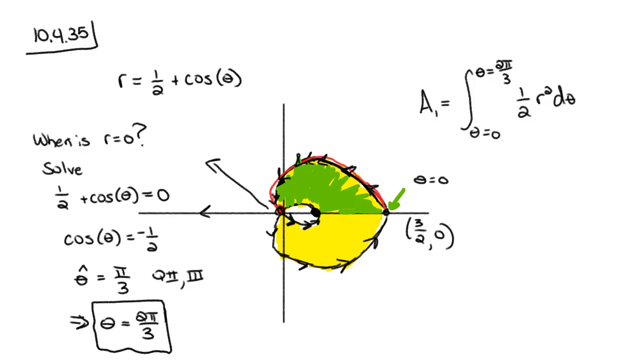By the time I'm facing an angle of pi, this is -1/2, comma pi. I am then going to subtract off area 2 from this integral, and area 2 is going to be the integral starting from an angle of pi and going all the way to whenever we get back to the pole.